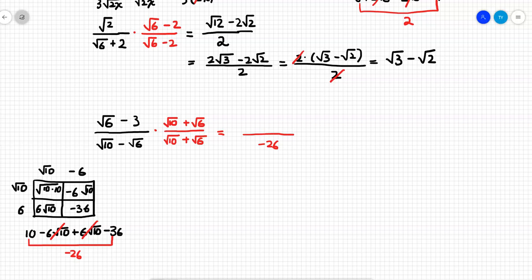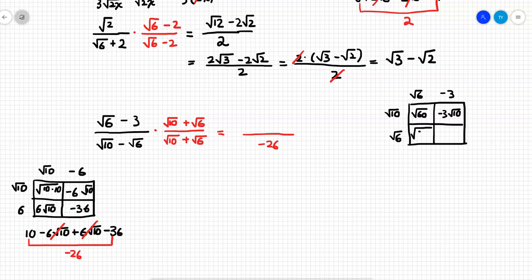We have to do the same thing for the top, so we're going to do another table box over here. So we have square root of 6 minus 3, square root of 10, and square root of 6. Square root of 10 times square root of 6 gives square root of 60, minus 3 square root of 10.